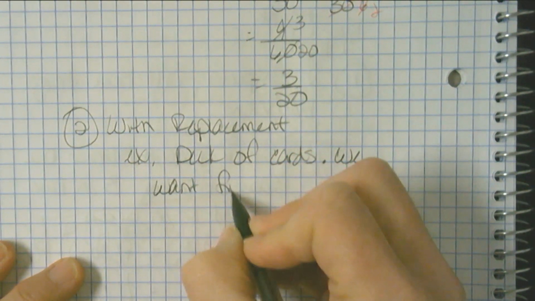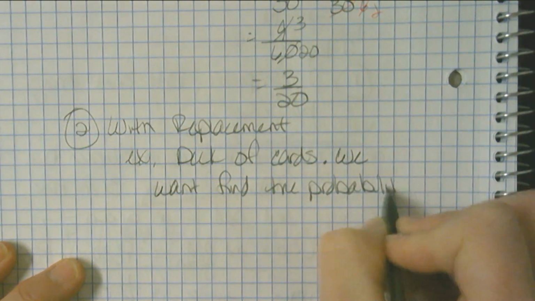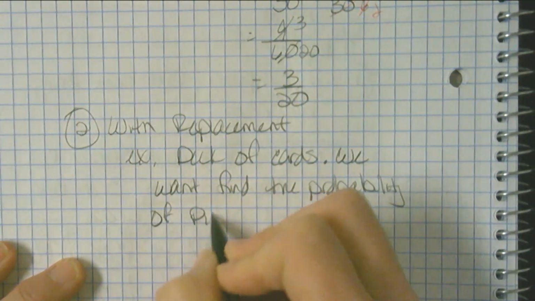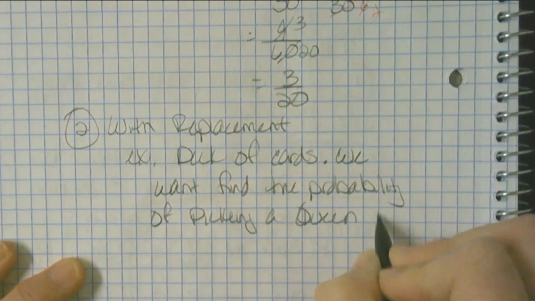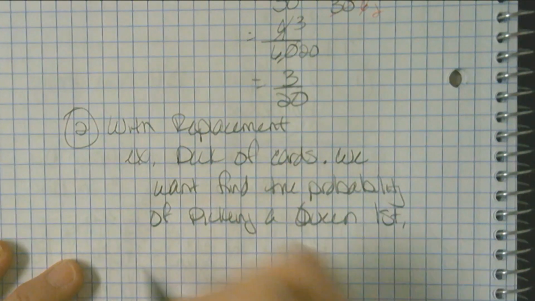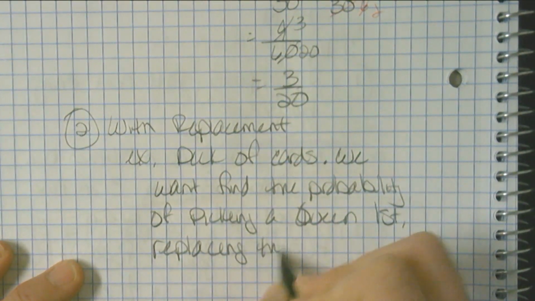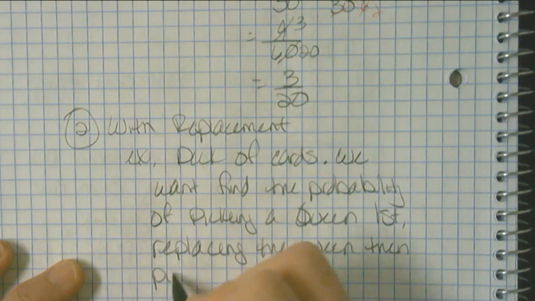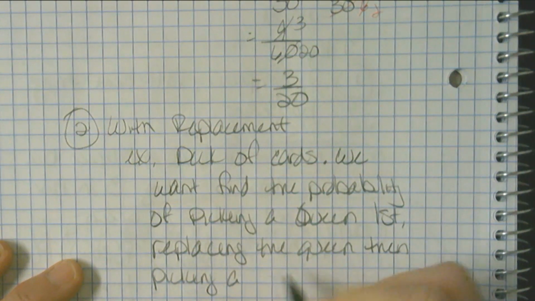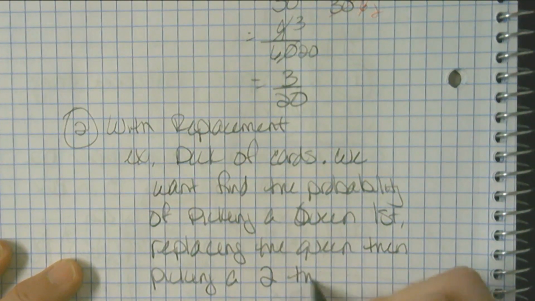We want to find the probability of picking a queen first, replacing the queen, then picking a 2 the second time.